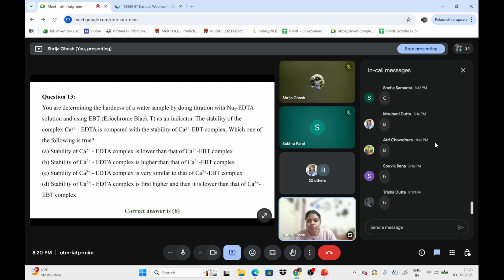So this whole thing is based on the principle that the EDTA complex with Ca2+ is more stable than the calcium EBT complex. Is this clear to everybody?